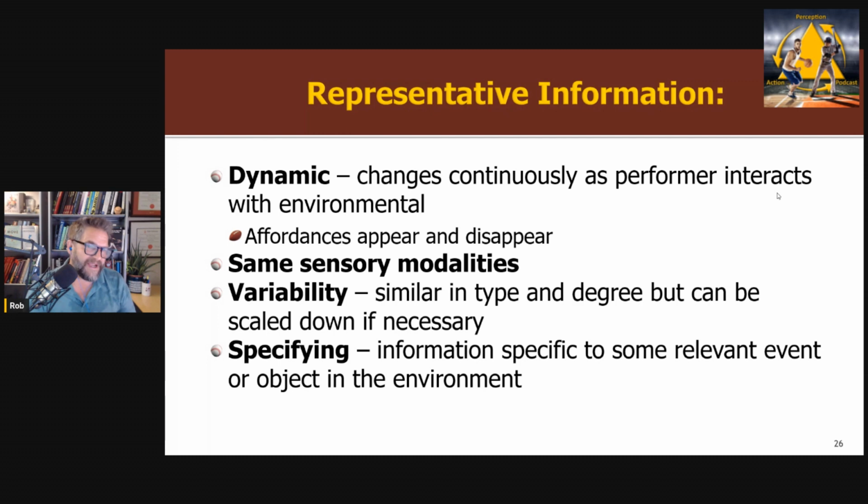We can scale it back to make it the right level of challenge, the right level of success rate. And then specifying: the information we present in practice has to be specific to some relevant object or event. It's telling us what it affords, what the event is, and I'll go into that a little more in a second.